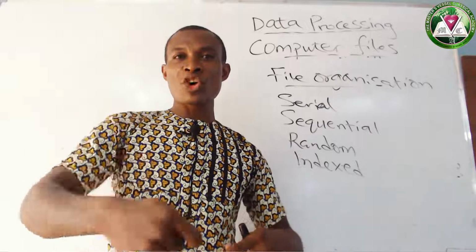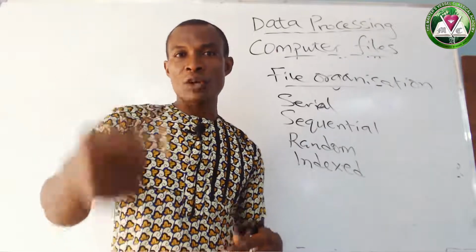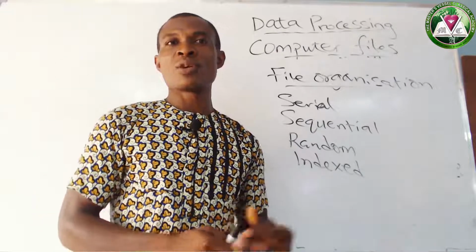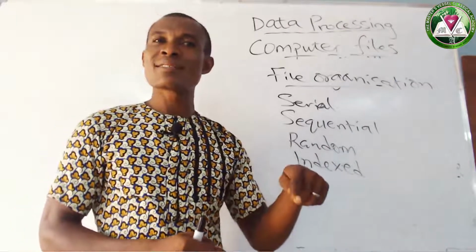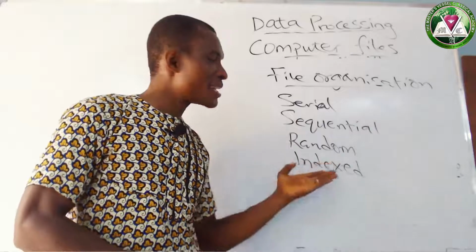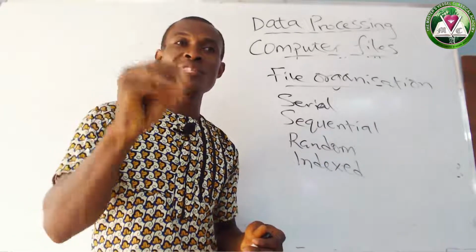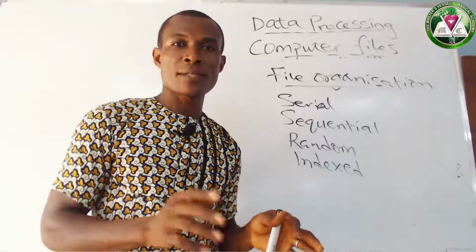So if we are now storing files concerning you or records about any student, we will do that using that number which serves as reference number. So in index file organization, the files are stored using reference numbers.